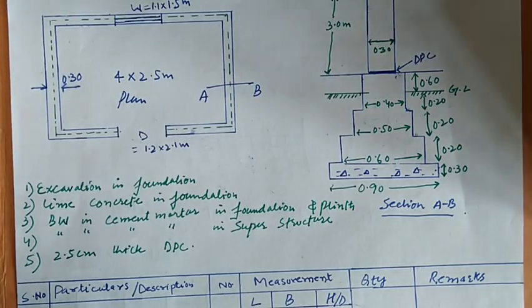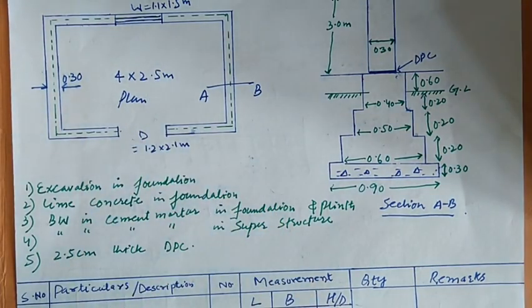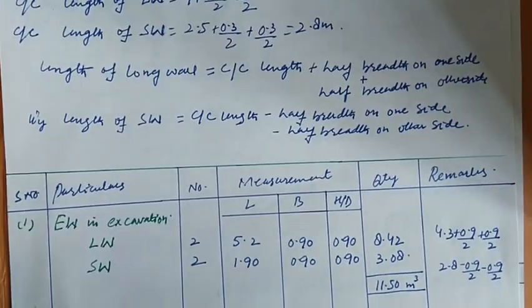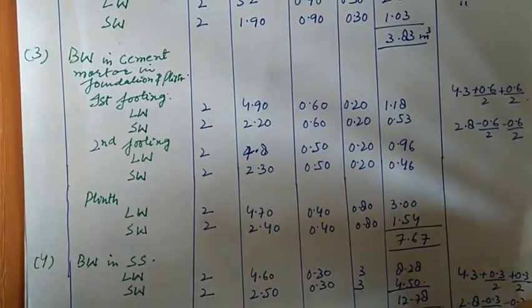And if we see our plan, this is our plan, we see we have a door and we have a window, and at such places we won't have the brickwork, so these two things need to be deducted. So we have the deductions here. Let me deduct these things.